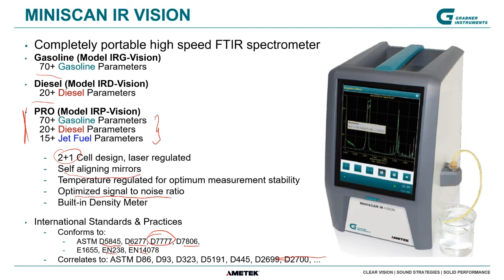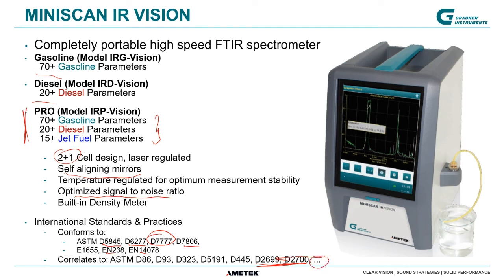Correlation means these properties which we are predicting, and to create a database for prediction of a property, basically you are taking the results of the original standards, like here the NOC engine, and then you feed this information along with the spectrum into the instrument.